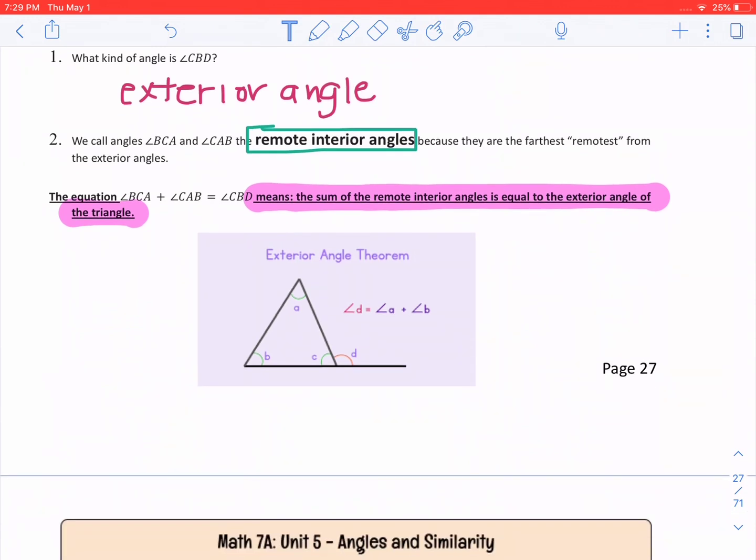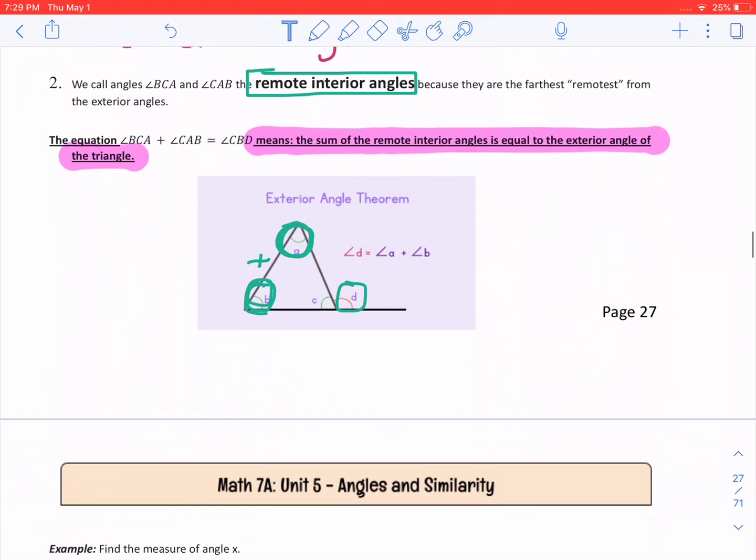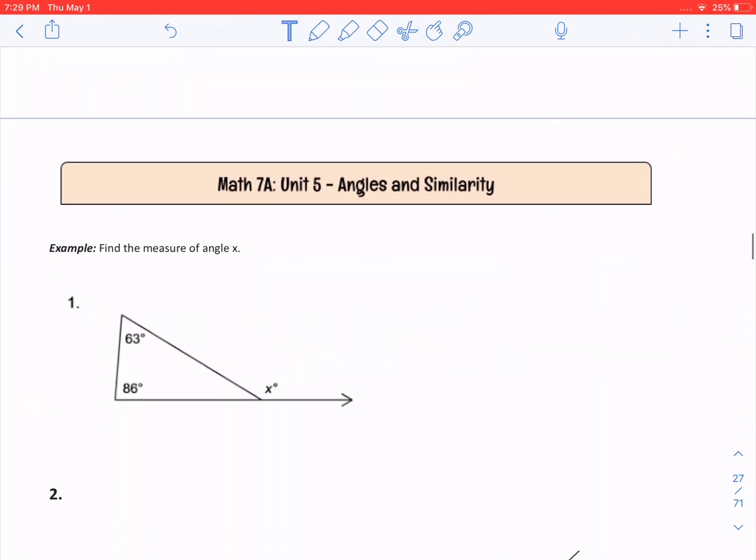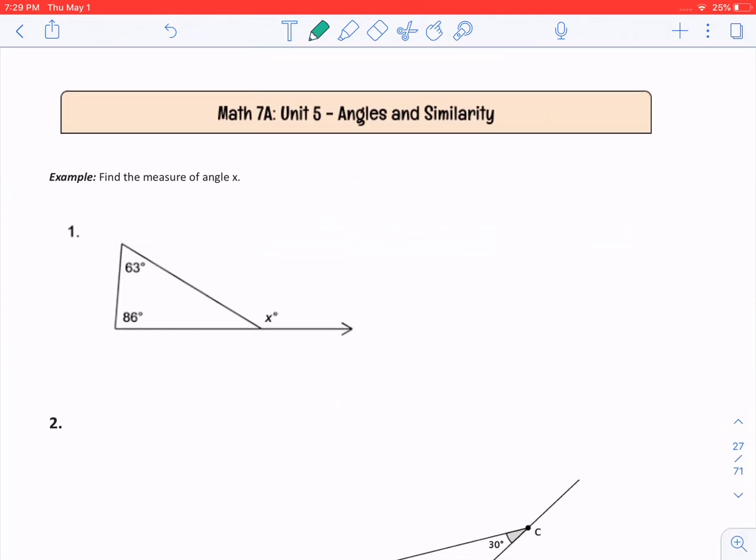And you can see this diagram right here. So the angle on the outside, D, would be equal to the two angles that are furthest away from it if you add those two angles together. So these two angles added together will give you the exterior angle. Now, this sounds a lot more complicated than it is, so let's head to the examples.